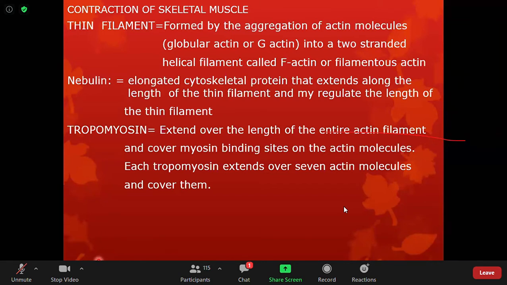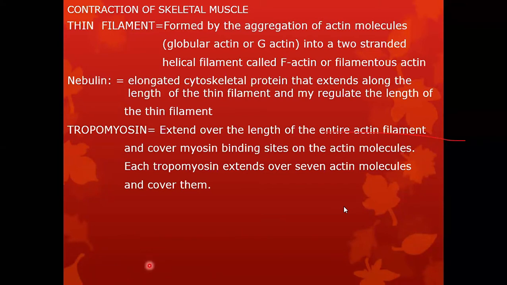Nebulin is an elongated cytoskeletal protein that extends along the length of the thin filament and may regulate the length of the thin filament. The nebulin is more or less like your titin in the thick filament, okay? Now your tropomyosin extends over the length of the entire actin filament, and they cover myosin binding sites on the actin molecules.